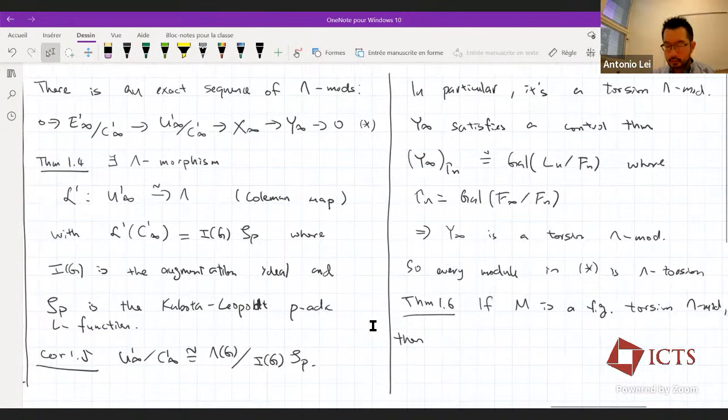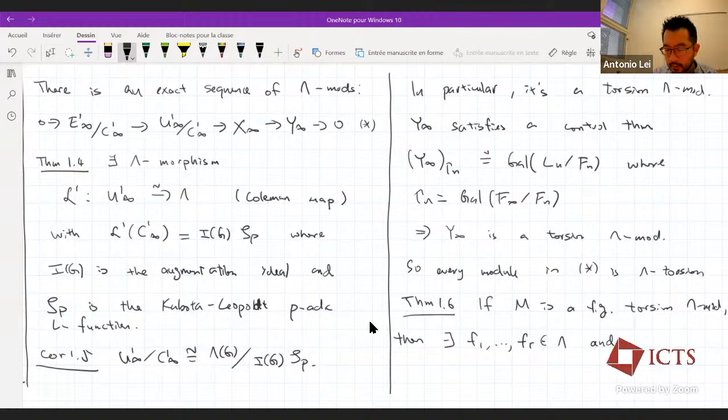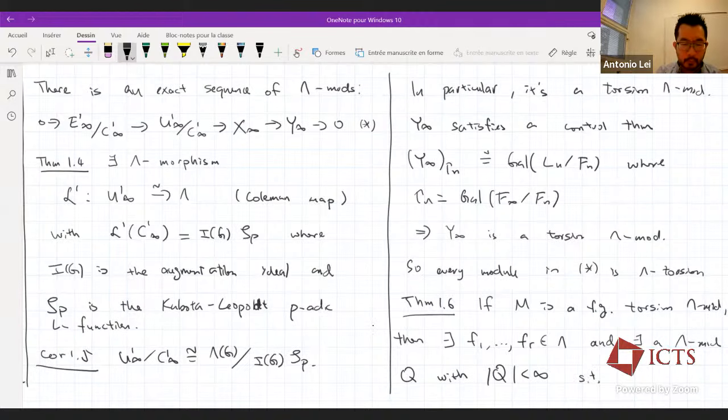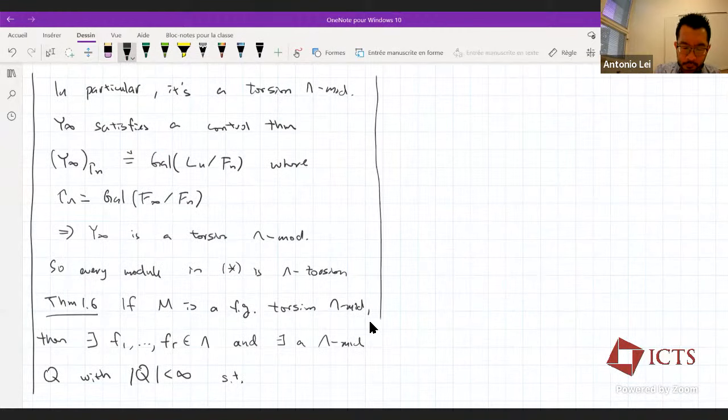Okay. So the structure theorem says that if you have a finitely generated torsion lambda module, then you have elements in lambda and a finite lambda module Q, well, with finite cardinality, such that you have the following exact sequence.